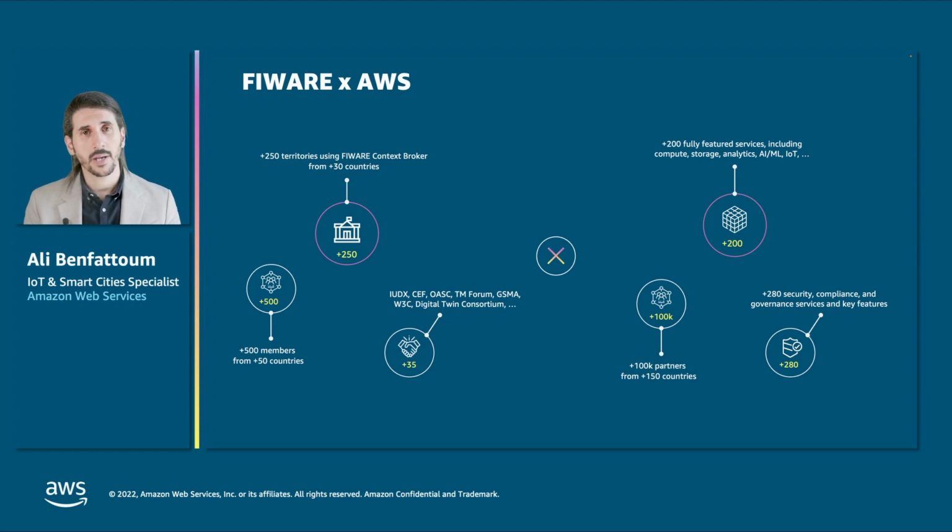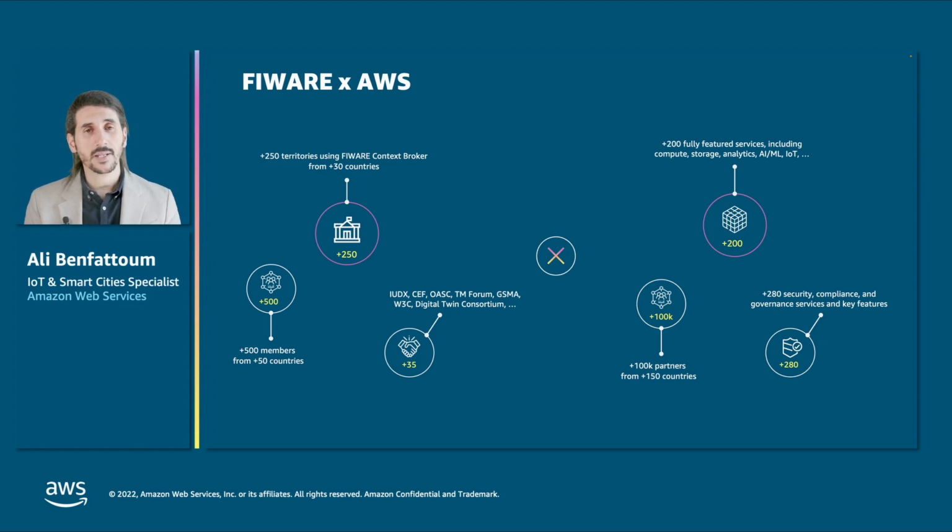And this is backed by a deep set of cloud security tools with more than 280 security, compliance, and government services and key features. And all 117 AWS services that store customer data offer the ability to encrypt that data.